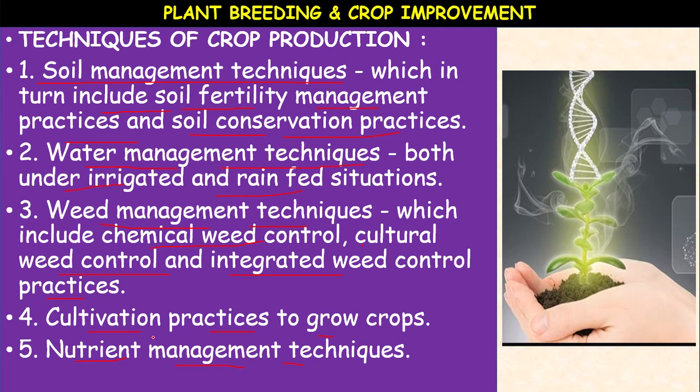These are the five techniques of crop production: soil management technique, water management technique, weed management technique, cultivation practices and the nutrient management techniques.